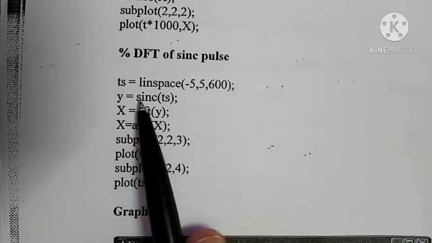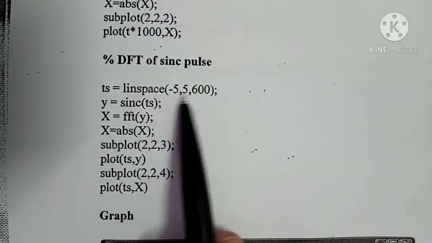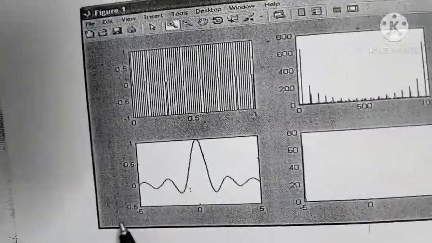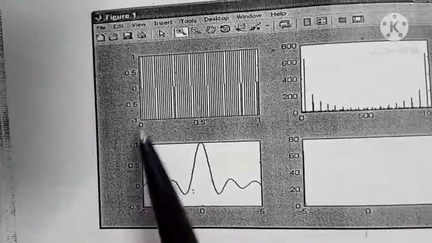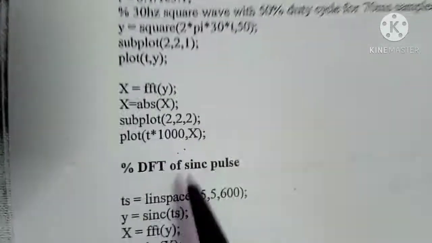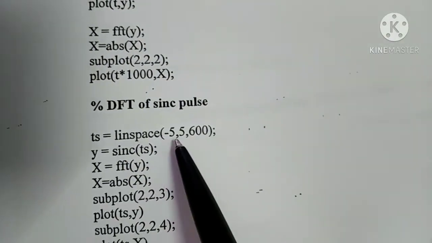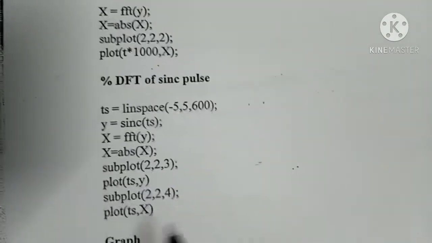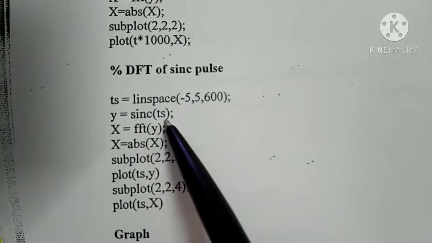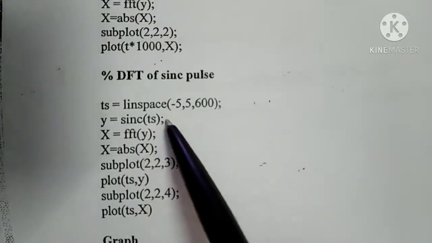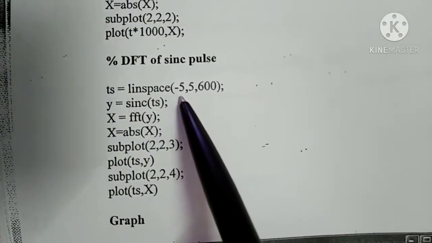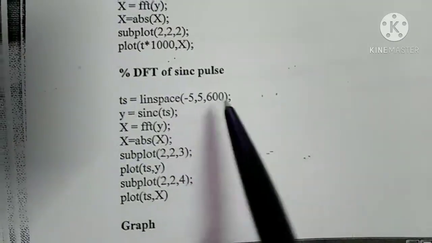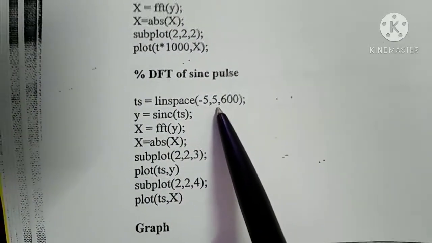Okay, we are generating a sinc function. To generate it we use linspace. Linspace starts from -5 to +5 on the x-axis and 0.5 to 1 on the y-axis, that is indicated here in linspace. -5 to +5 with a count of 600 values is taken. Sinc of t, where t is the input value, takes values from -5 to 5, with 600 values between -5 and +5.